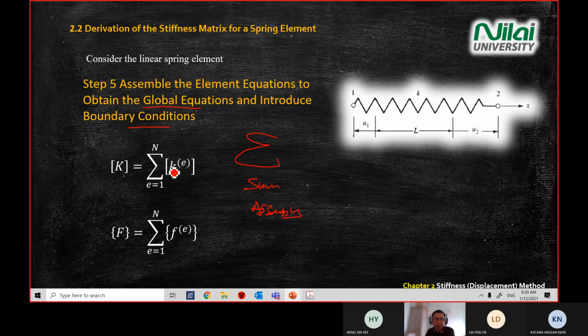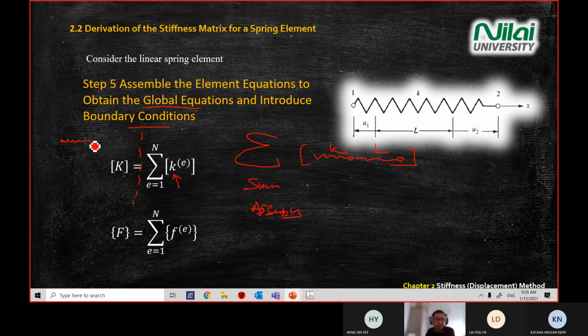K means the stiffness matrix that we are looking at. E means element. So it's a combination of many elements. Stiffness matrix K1, K2, and so on inside here to become the global.